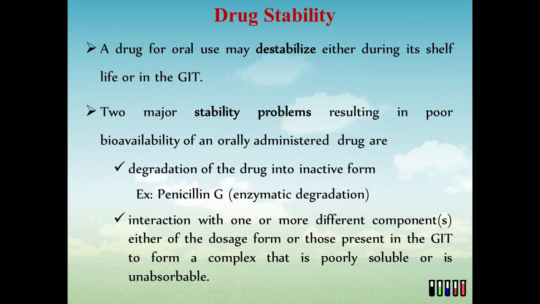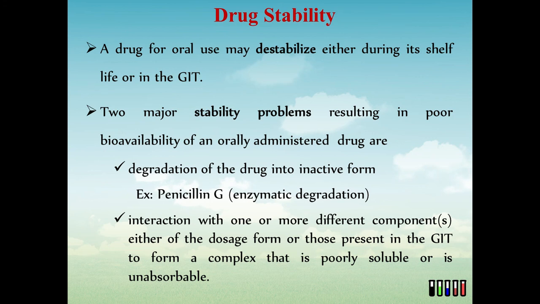Okay, then the drug stability. Previously, whatever we have learned was all about the pH partition hypothesis, and it is very important. Now we will start with drug stability. A drug for oral use may destabilize either during its shelf life or in the GI tract. Okay, drug stability also plays a vital role in your absorption.